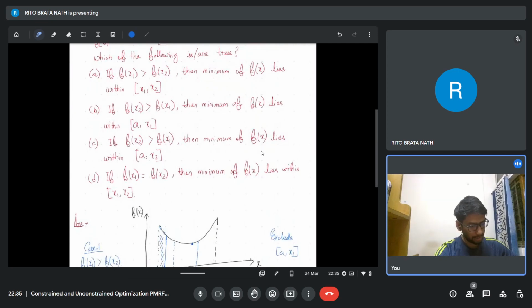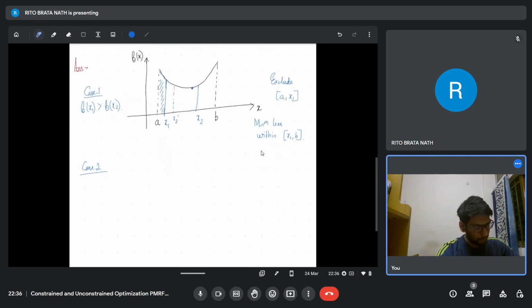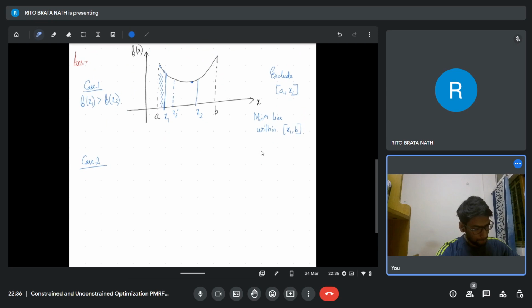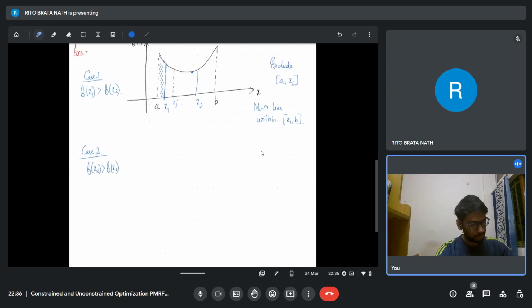So let's check the second condition, case 2. You can notice that you could not have picked x1 in this right portion of the minimum, because the function is increasing in that region, right? Anyway, let's get into the second case: f(x2) is greater than f(x1). Let me sketch the function again.